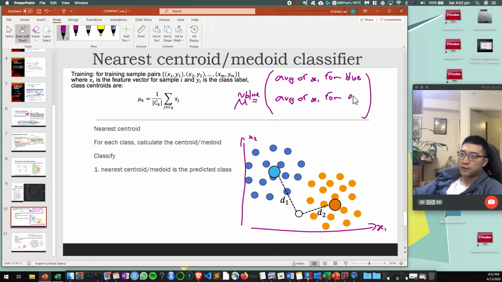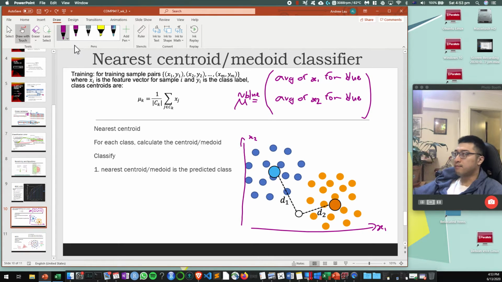I'm just going to call it orange. Sorry, no, I did that wrong, didn't I? Then you repeat this exercise for the second dimension, number 2. So you look at all the x values, you take the average, and that's this guy here.